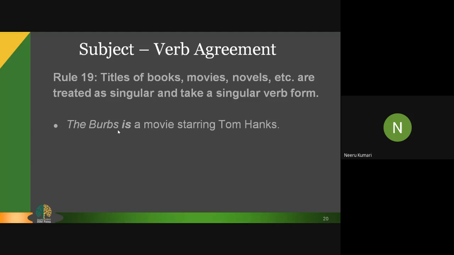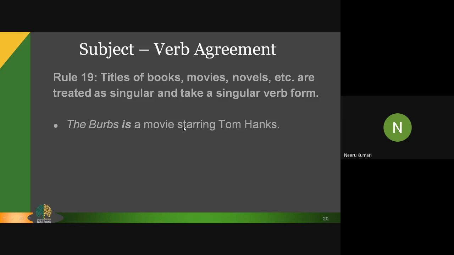All the titles of books, movie names, novels, etc. Always we are talking about one single book, one single movie, one single novel. So therefore, it will always accept the verb form based on the subject. Say, for example, the name is The Burbs. Now you're not talking about the plural of the verb. This is just one single name.